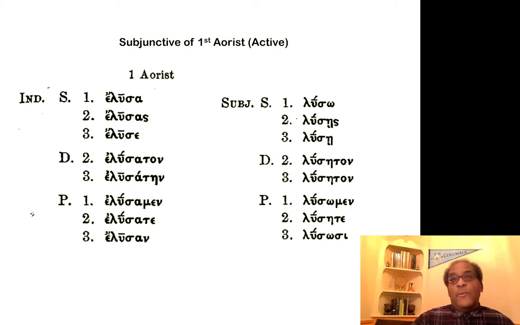This is where it's good to remember that the subjunctive has no future, because you might see luso and, if you were confused and thinking that the future did have the subjunctive mood, you might think that's what you're looking at. But what you're looking at is the first aorist.